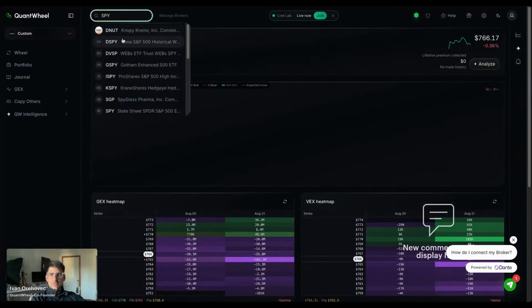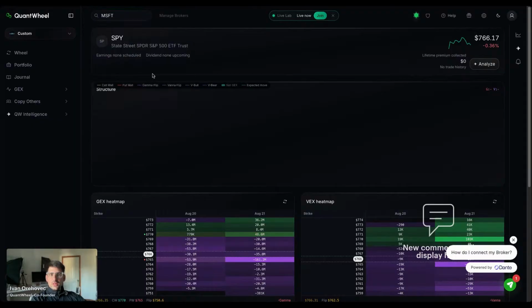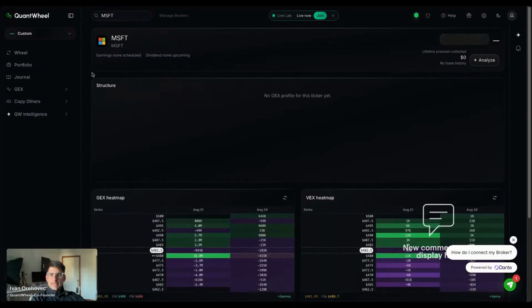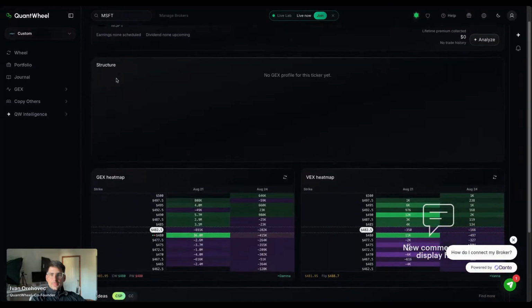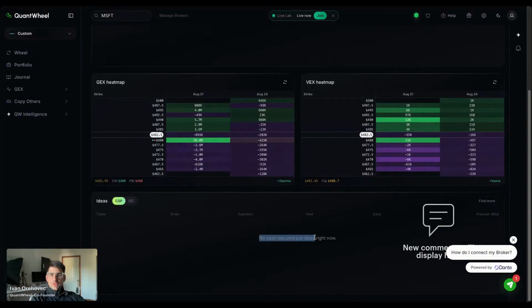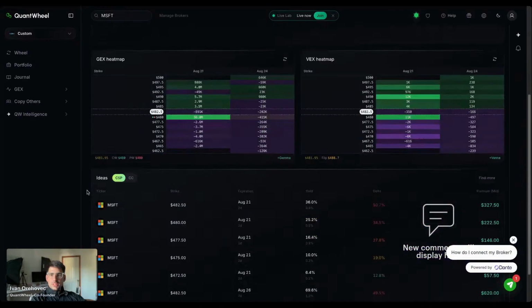Let's take a look at, let's say, Microsoft. It's loading up the same thing as well. So we can see a big node on Microsoft for today's expiration at 36 million at 480. So I would expect Microsoft to hold that level or end up near the level for the week.